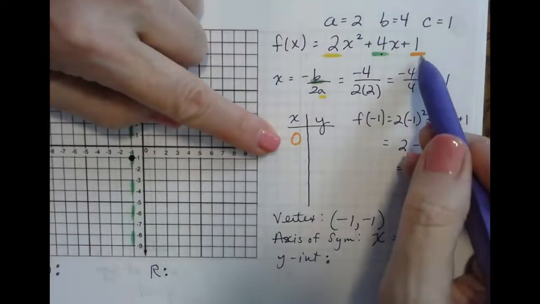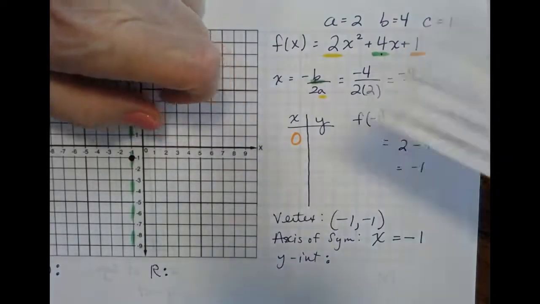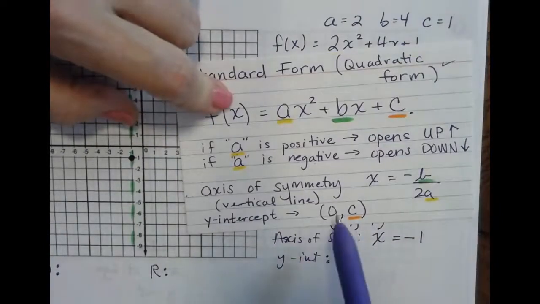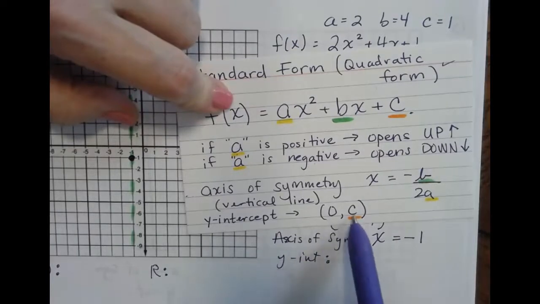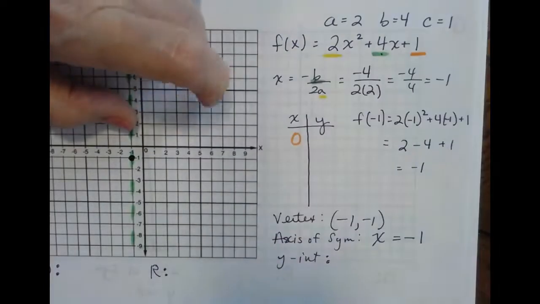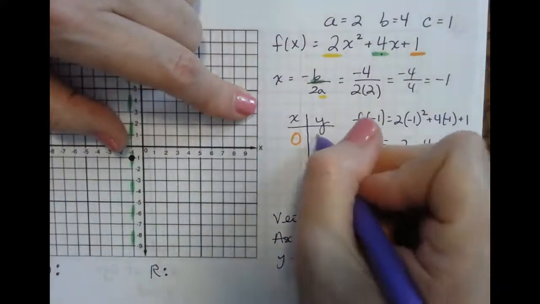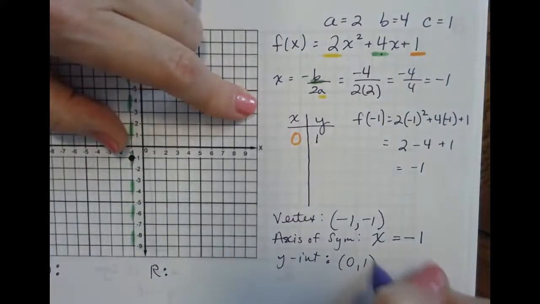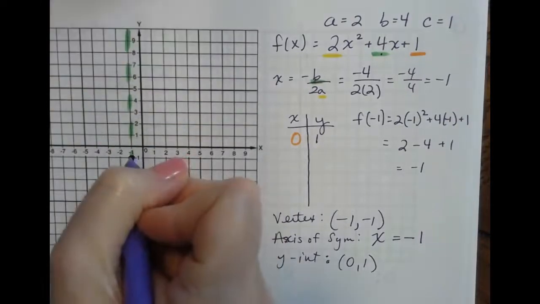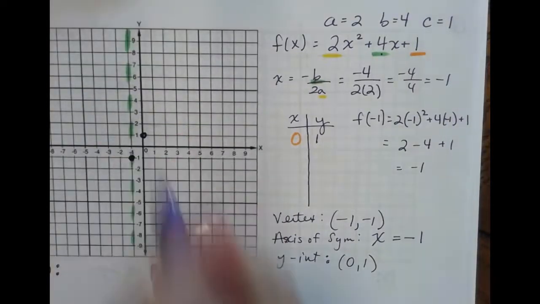All it is is the c value. Every single time, the y-intercept is simply (0, c), every single time when we are in standard form. So the c value is 1, so our y-intercept is at (0, 1). We can plot that point: over 0, up 1.